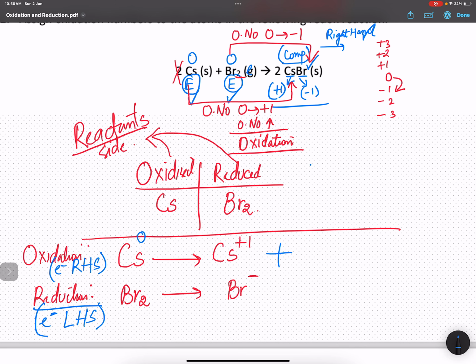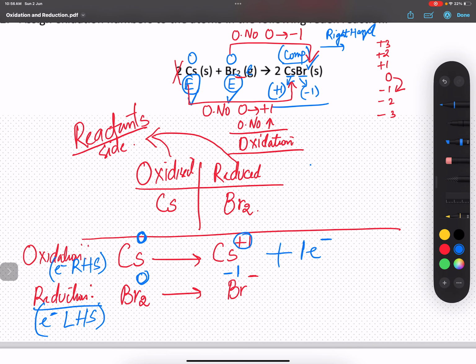You can see the oxidation number changes by 1, from 0 to +1, so you will write 1 electron. In the next case, it is 0 to -1, again a difference of 1. So let me shift my arrow a little bit. Here you go, electron, and it gives you Br minus.